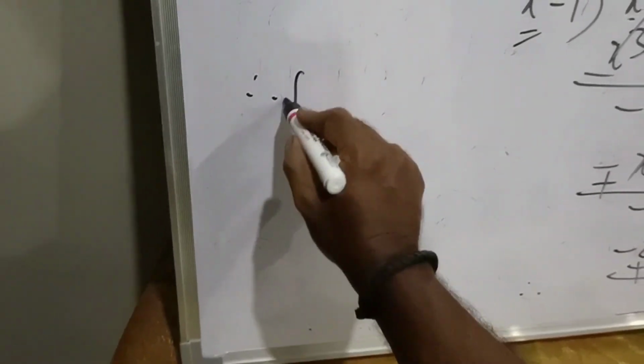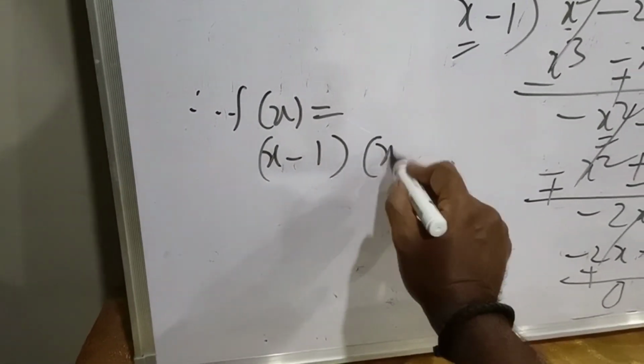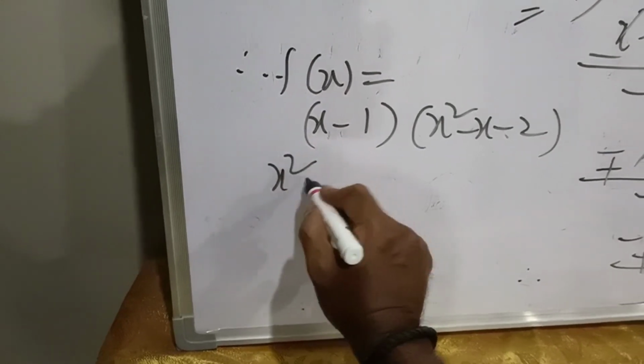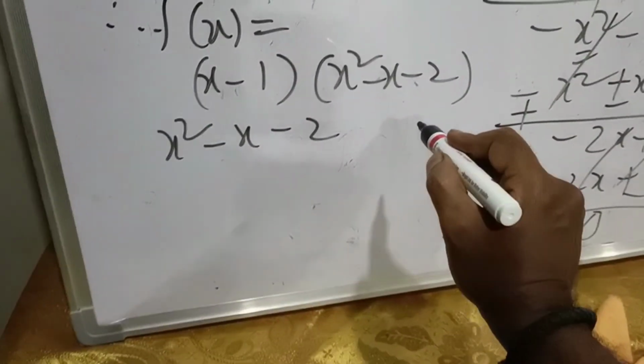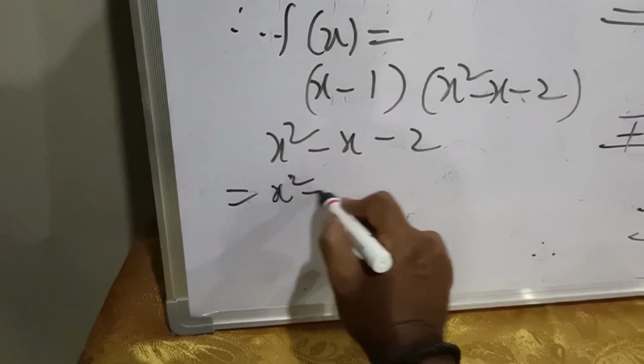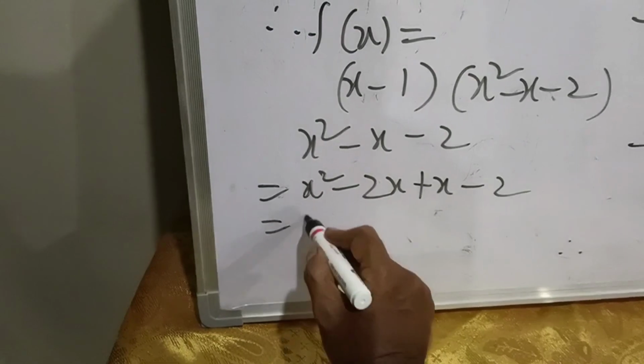apart from x minus 1, there are two more factors for this polynomial. What are they? Here we have got the quotient x square minus x minus 2. When we factorize this one, we will get two more factors. They are x plus 1 and x minus 2.